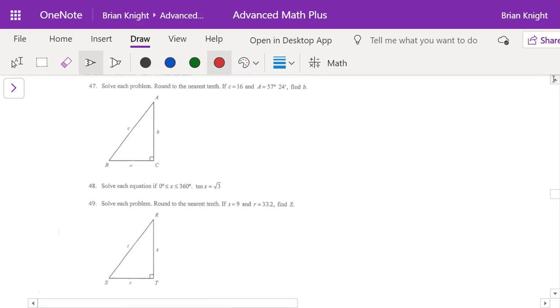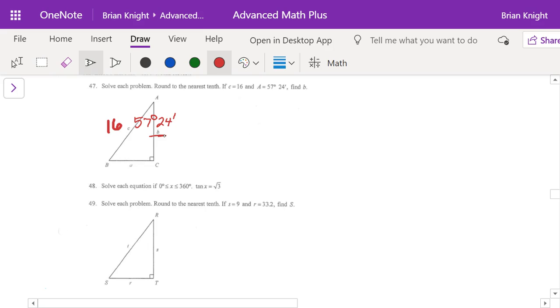Solve each problem, rounding to the nearest tenth. These are really big. If C is 16, and angle A is 57 degrees 24 minutes, we have to find B. What trig ratio are we going to use?